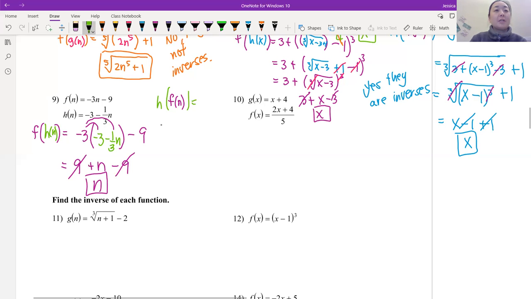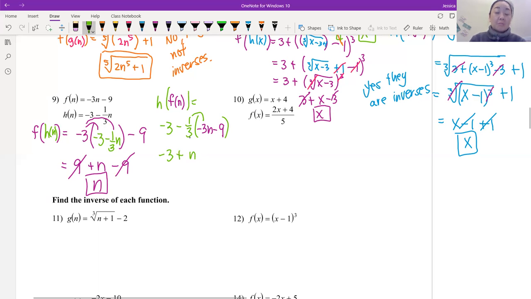So h is -3 minus 1/3 times whatever n is. Inside that, n is going to be f of n, which is going to be -3n minus 9. All right, now I'm going to distribute just the -1/3, right? So that's going to be -3 out here because that has nothing to do with it. -1/3 times -3n is positive n, right?